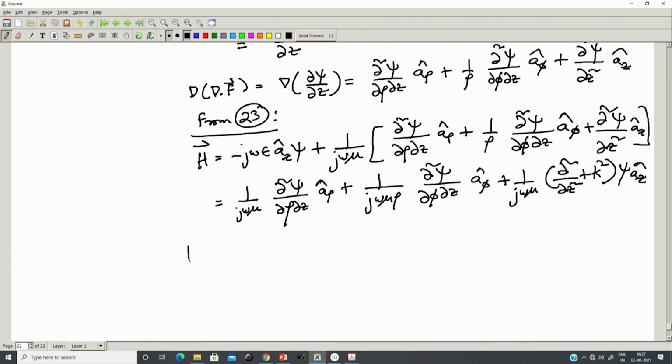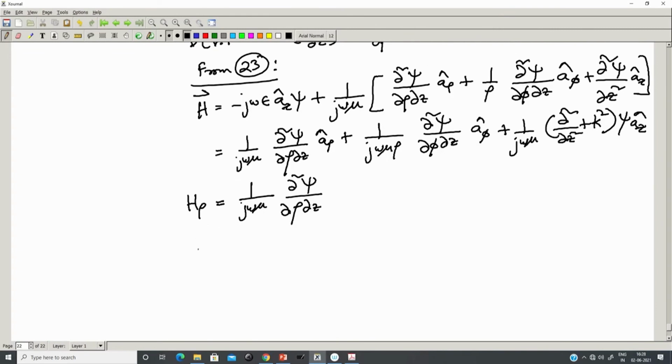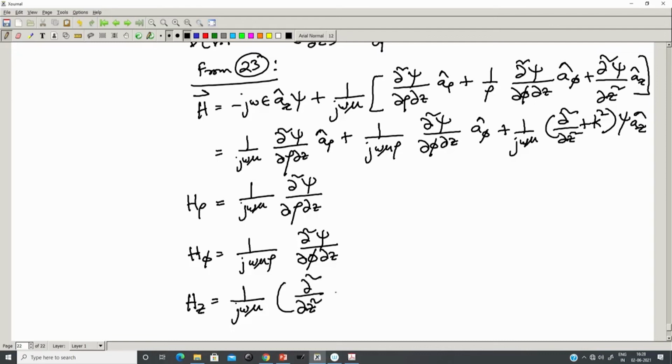So, from here we can find out all the magnetic field components, which is H rho equal to 1 by j omega mu del square psi del rho del z, H phi is 1 by j omega mu rho del square psi del phi del z, and H z as 1 by j omega mu del square del z square plus k square psi.